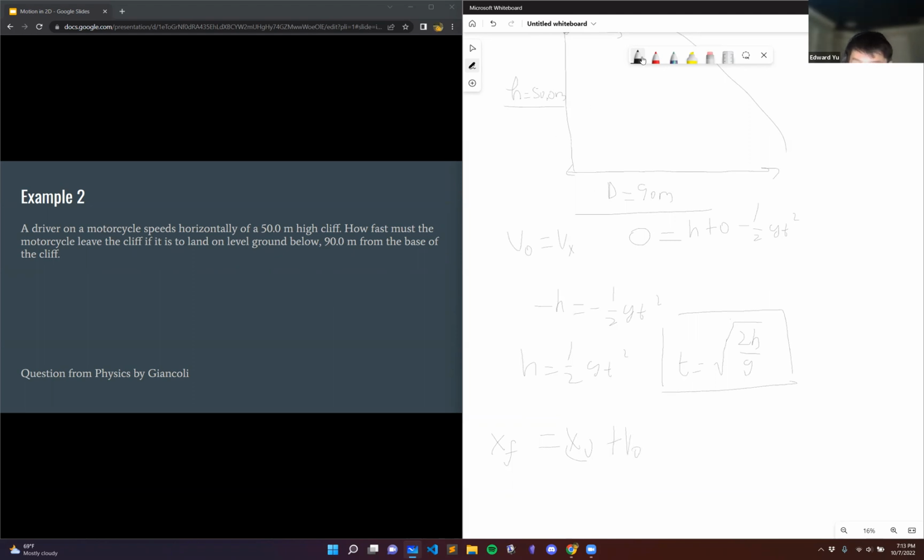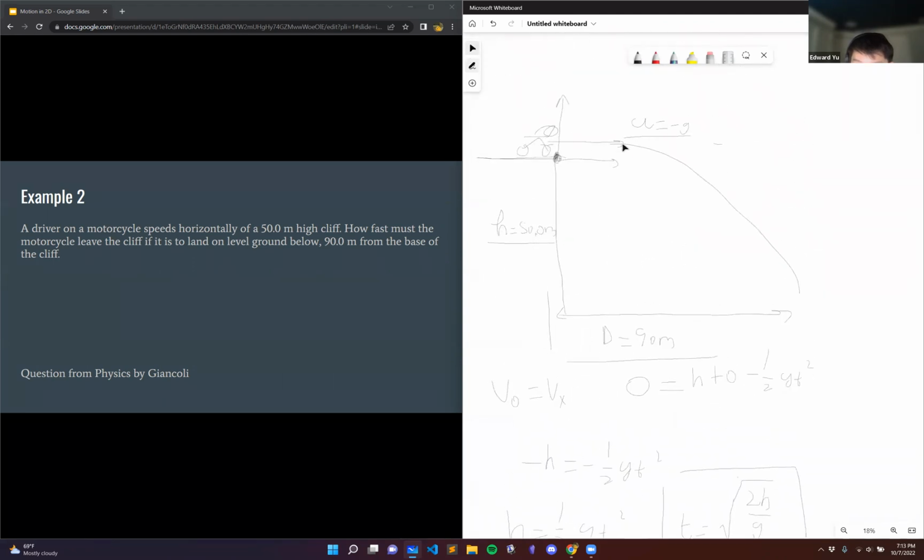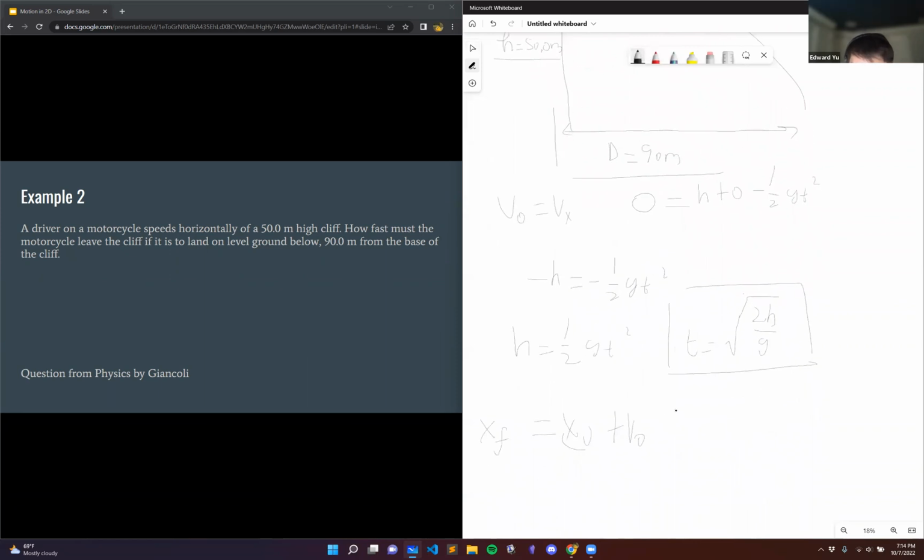It's not going to be v cosine theta this time because I'm starting off horizontally, and that's my initial velocity, so there's no component in that. It's just v initial times t. Since this is 0, we cross it out. It'd be d is equal to v initial times time, which we plug in: root 2h over g.